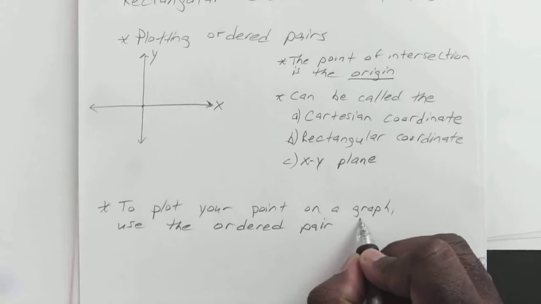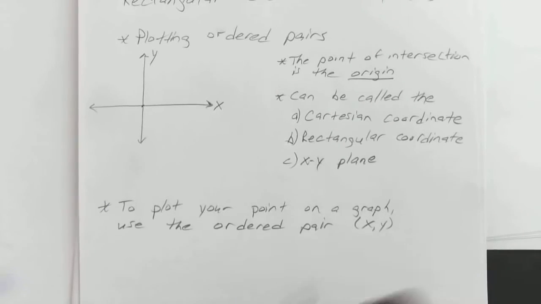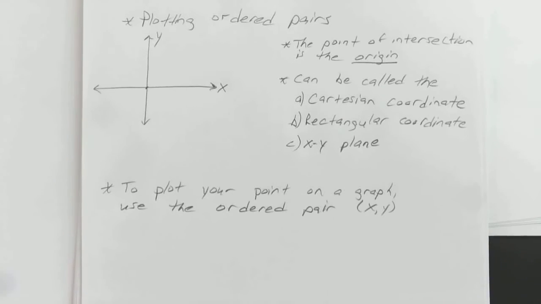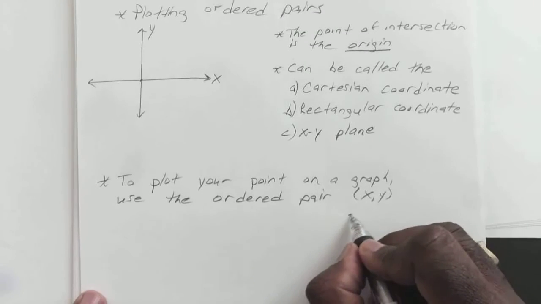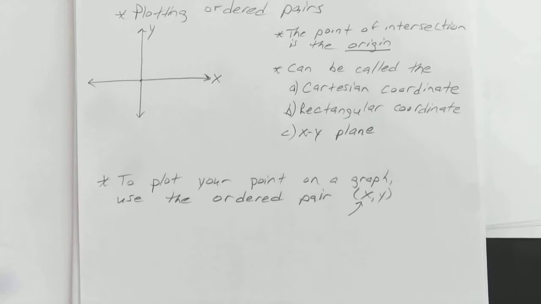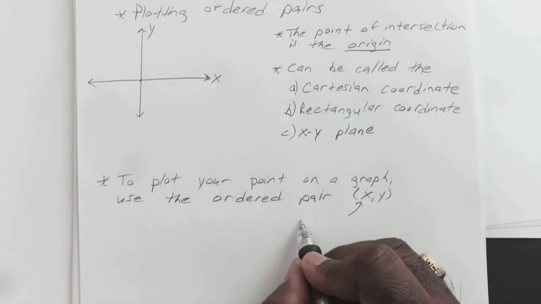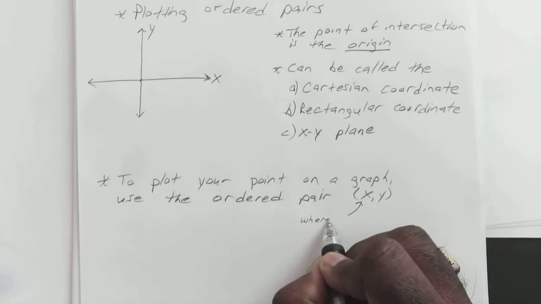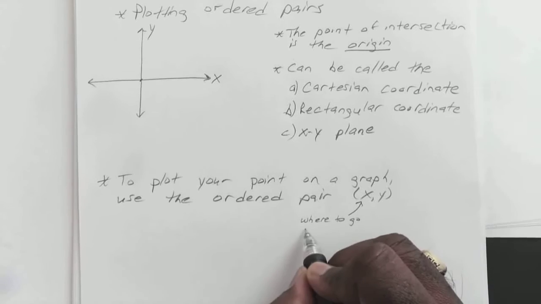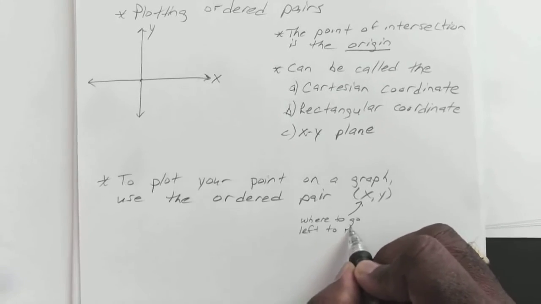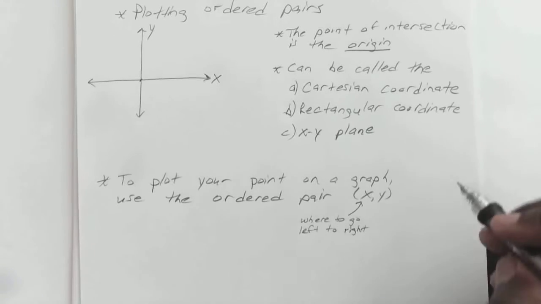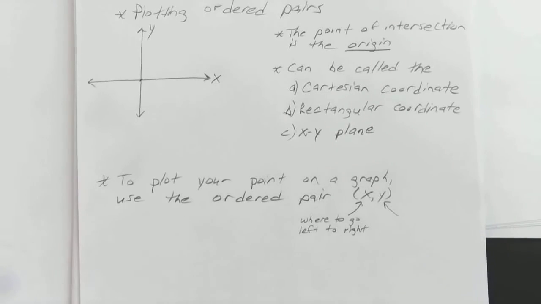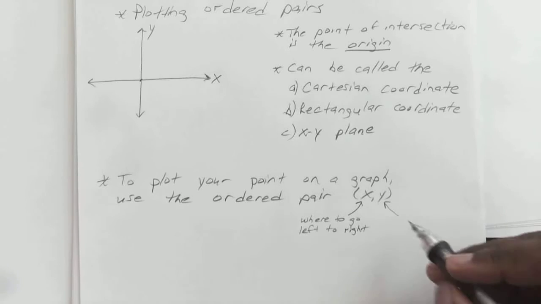And your ordered pair is just your x and y value. Okay. Where your x value tells you where to go from left to right. And your y value will tell you where to go up and down.